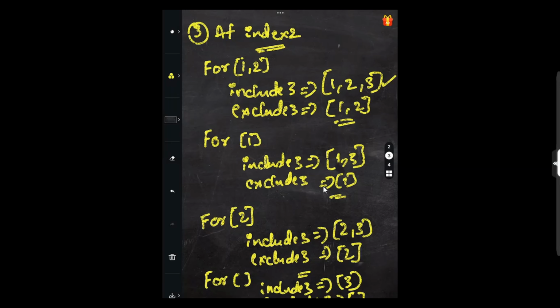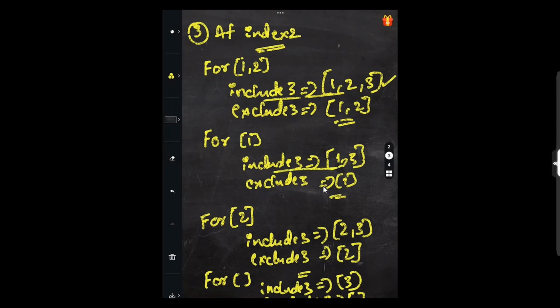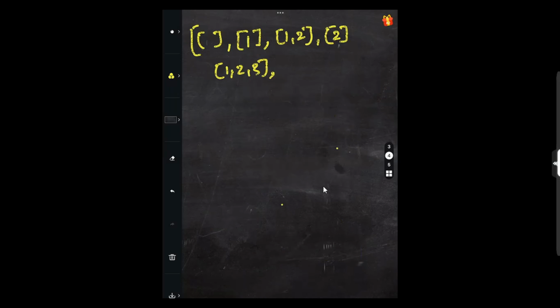Let me come to page 3 here. This one include we have 1 comma 2 comma 3. This is fine. Next include we have 1 comma 3, 2 comma 3, and finally we have 3.